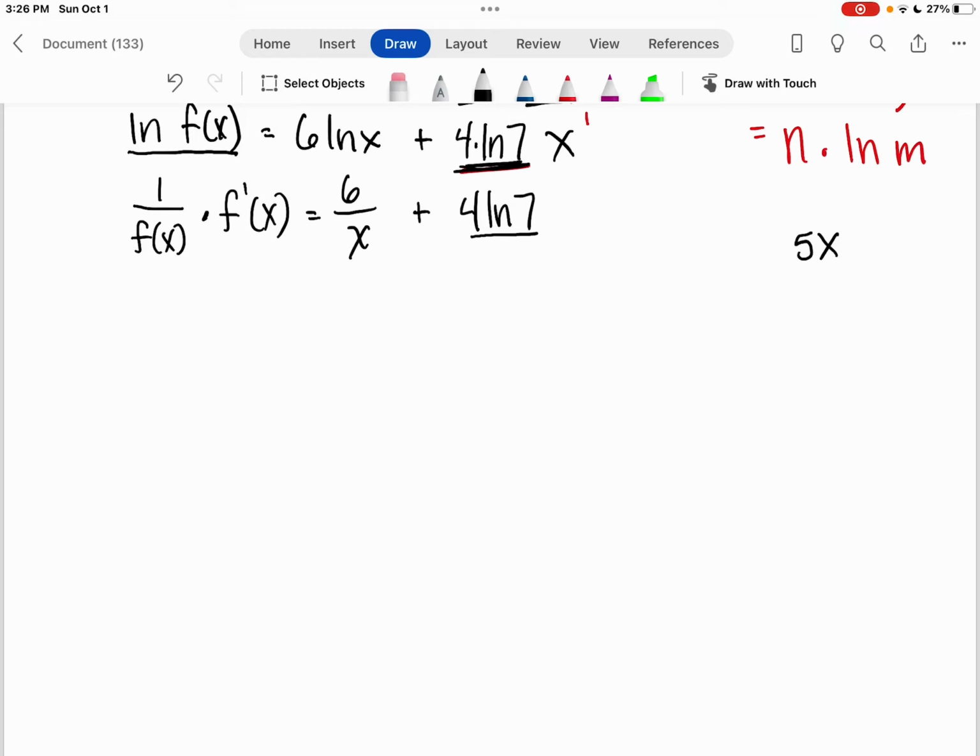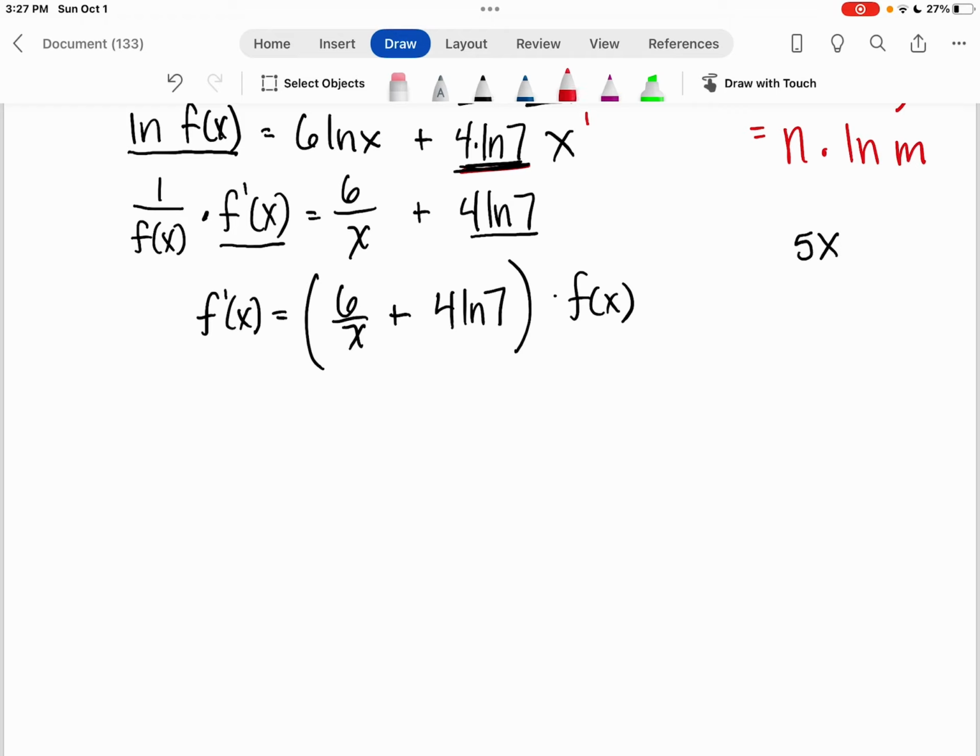Okay, now the last thing I need to do is isolate my f prime. So I have 6 over x plus 4 natural log 7 times my f of x, because I multiply both sides by f of x to clear this here.